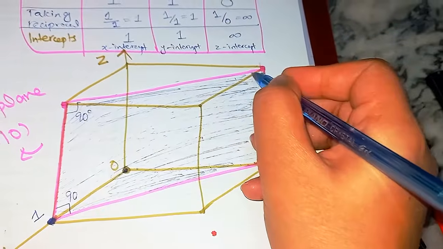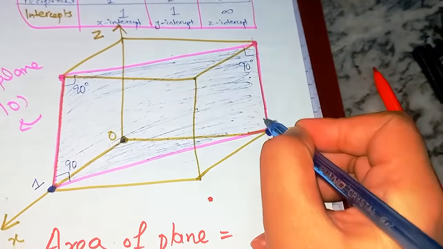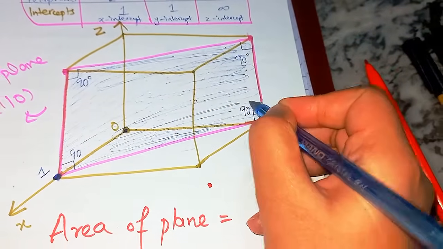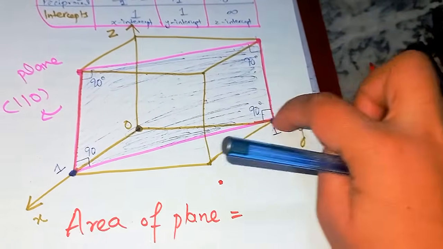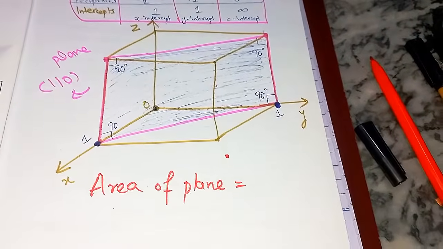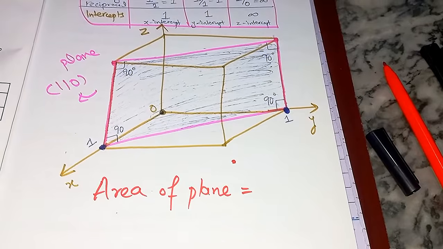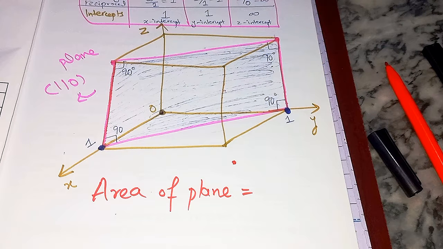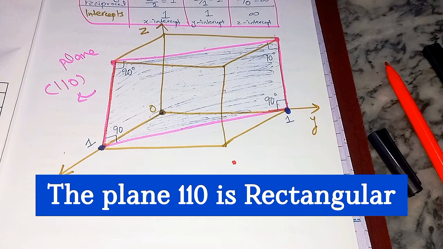And why am I bothering to mention that the angle between these consecutive lines, this vertical line and this line on the xy plane, is 90 degrees? By saying that the angle between these inner consecutive lines is 90 degrees, I'm just proving that this figure is a rectangle.